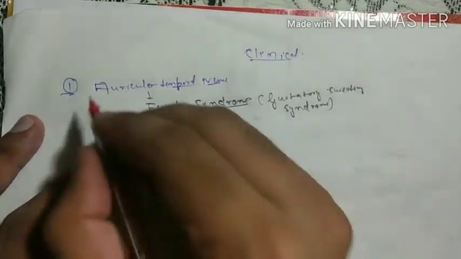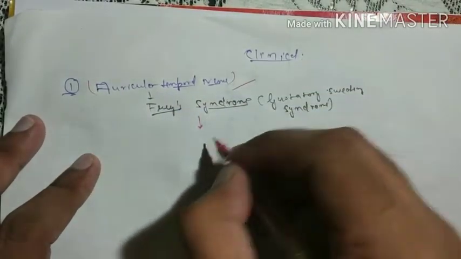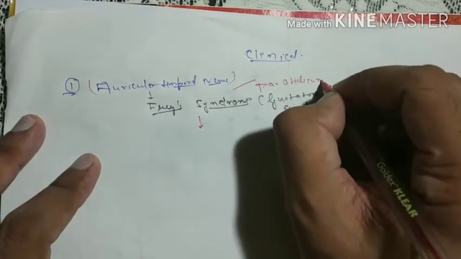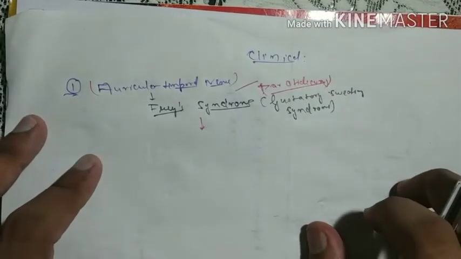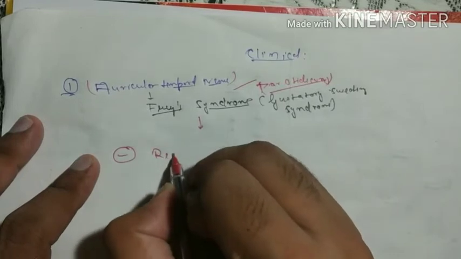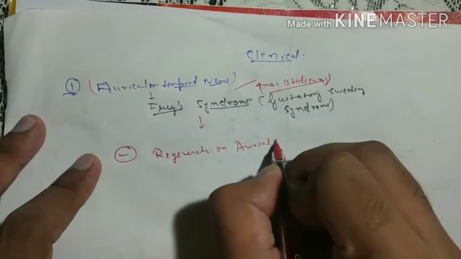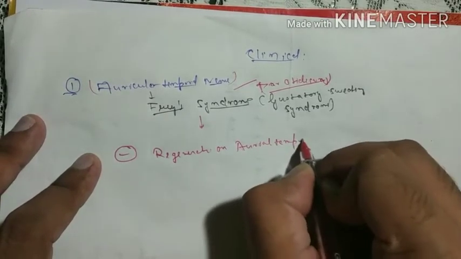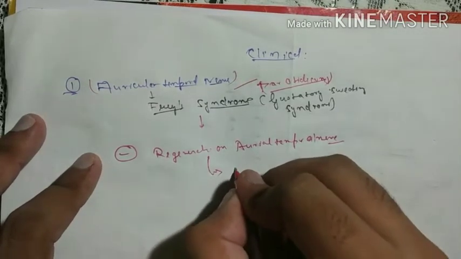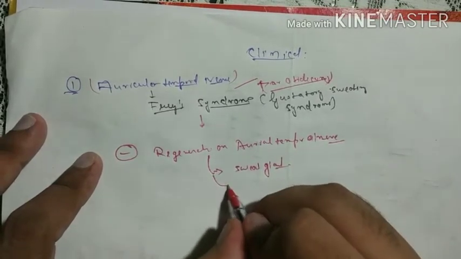It is basically due to injury to the auriculotemporal nerve during parotidectomy, where there is surgical removal of the parotid gland, and in this there is regeneration of the auriculotemporal nerve, which innervates the sweat gland instead of the parotid gland.